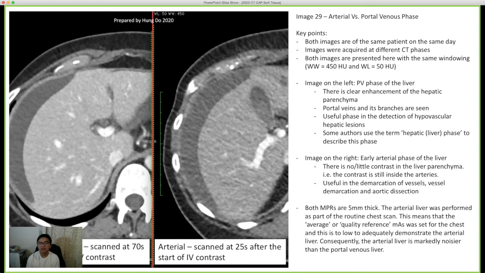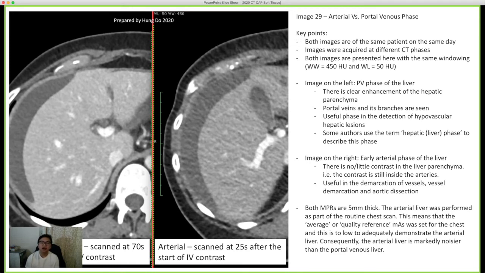So you can clearly see that because the images on the right are thinner, they actually are more noisy because the computer has less information to process the image, and therefore it has this quantum noise that you see throughout. There are things we can try to do to minimize this, but for the most part, it's very straightforward. Less information, more noise. Simple as that.